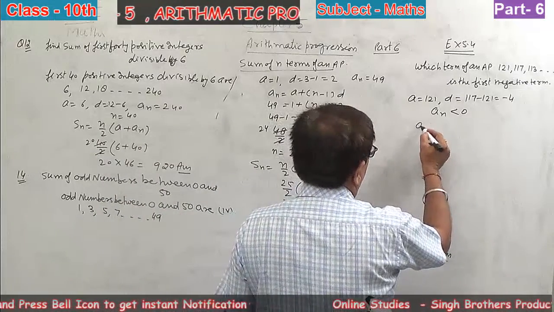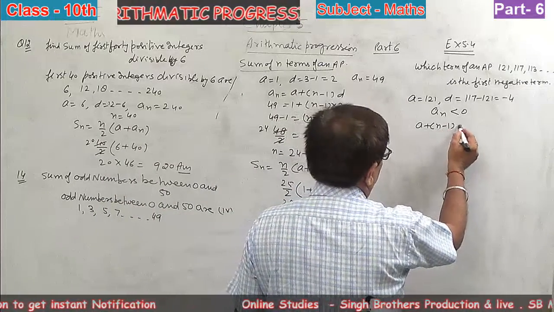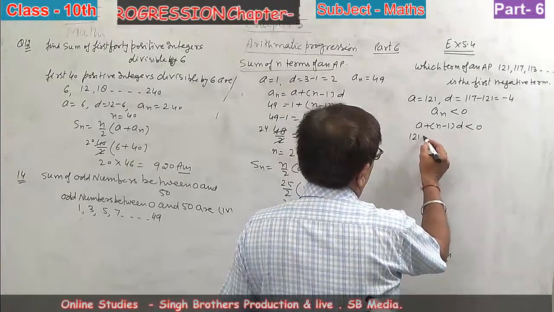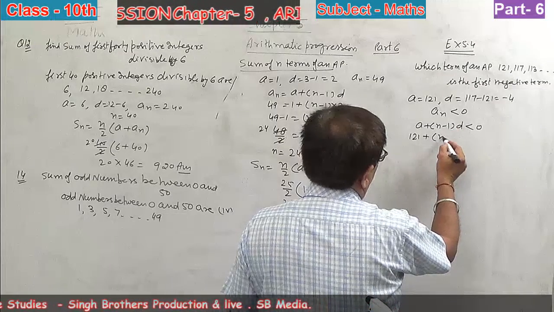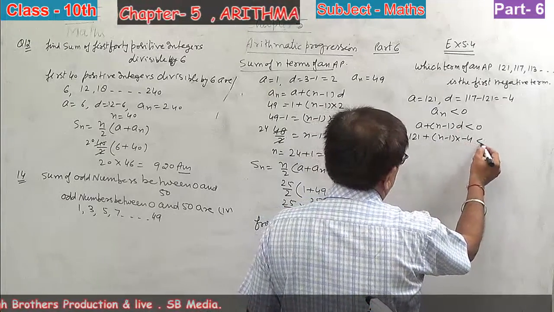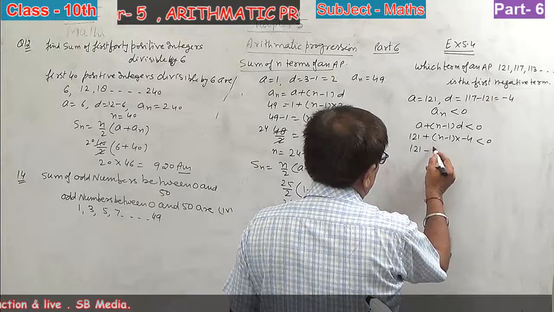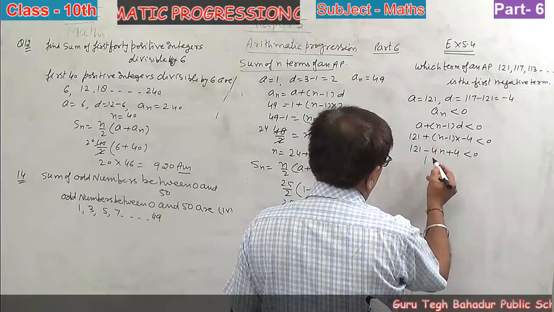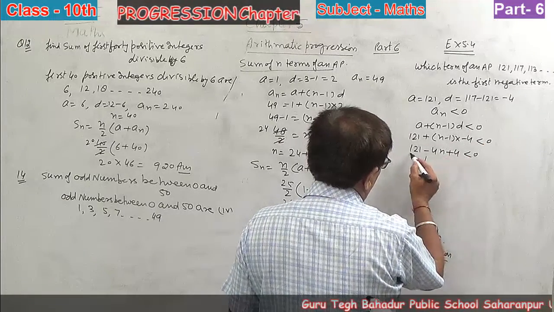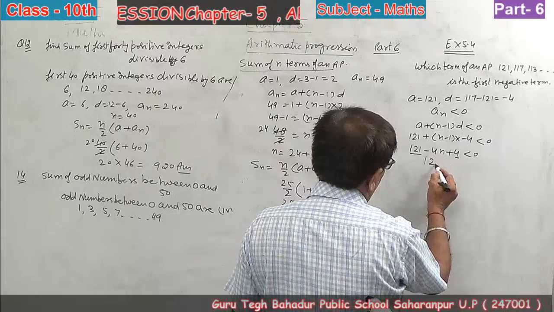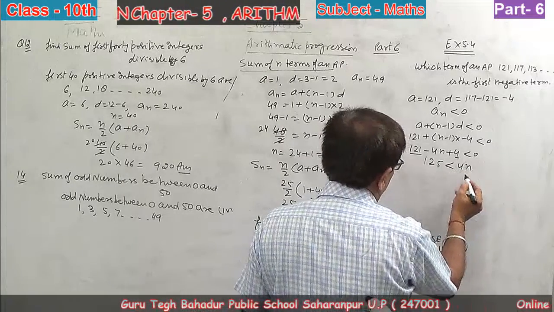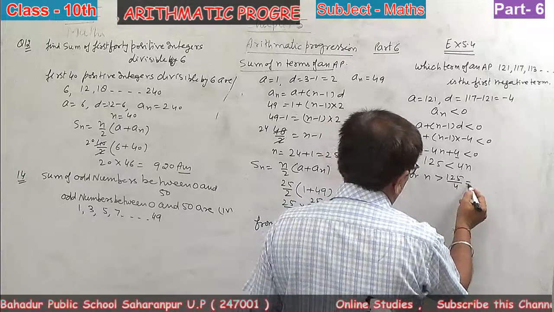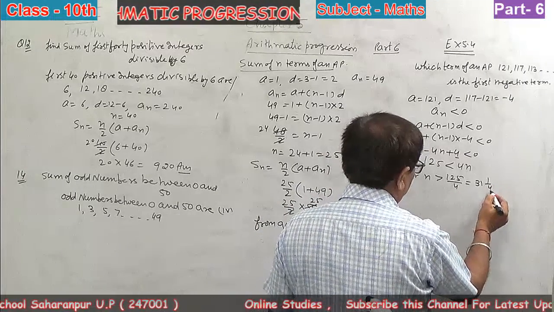An is A plus (n minus 1) into D is less than 0. 121 plus (n minus 1) into minus 4 is less than 0. 121 minus 4n plus 4, taking minus 4n on this side, 121 plus 4, that is 125 is less than 4n, or n is greater than 125 upon 4, that is 31 1 upon 4.